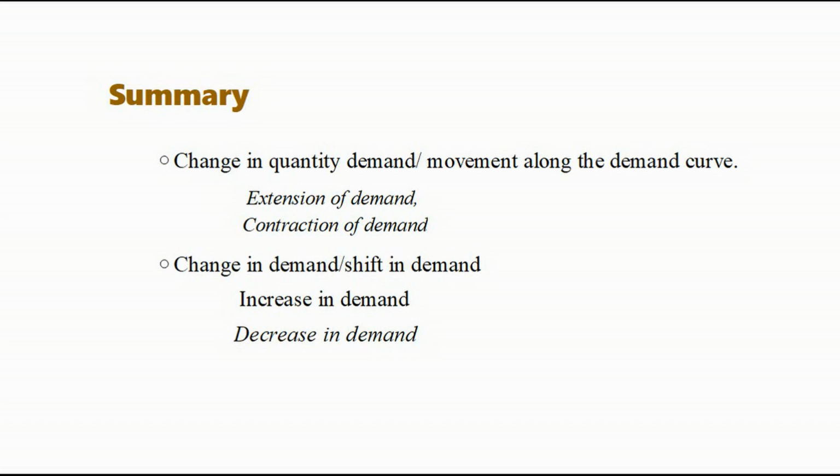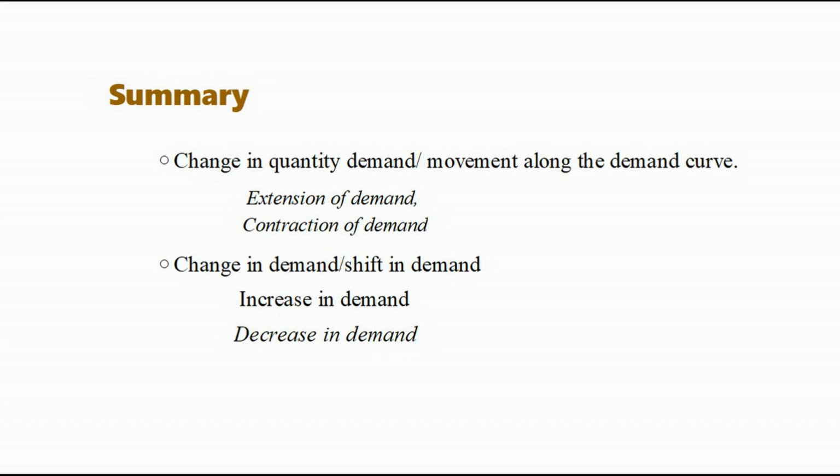So when there is a rightward shift in the demand curve, that is referred to as increase in demand. When the demand curve shifts to the right because of an increase in the income of consumers, taste and preference, or price of related goods, that refers to increase in demand.